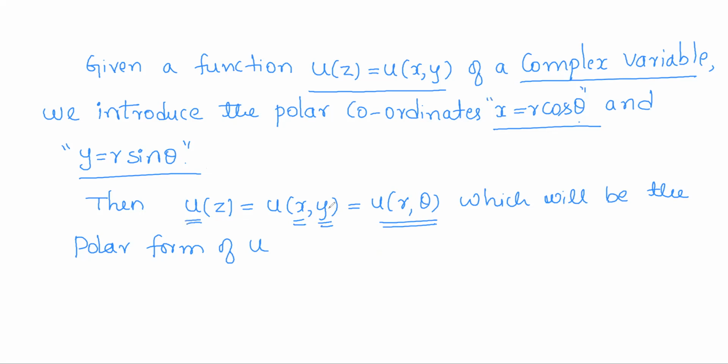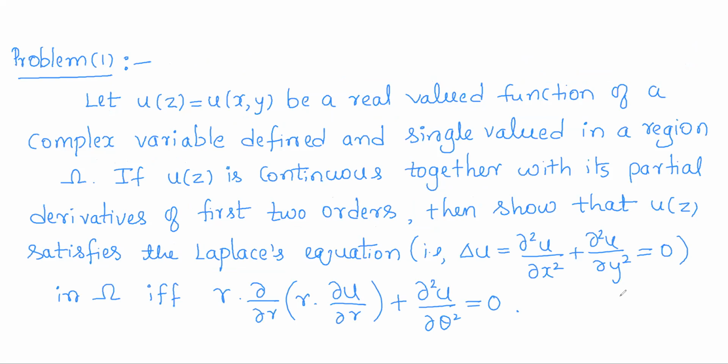So u will be precisely in terms of r and theta, and this representation of u in terms of r and theta is called the polar form of u. Any function involving the coordinates r and theta is called the polar form of that function, right?